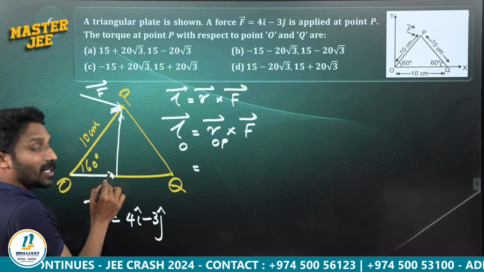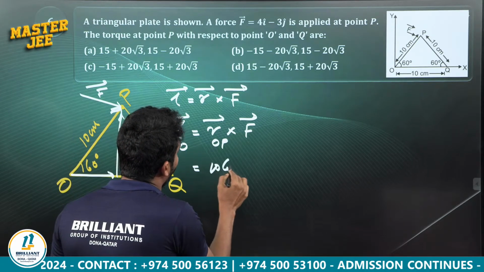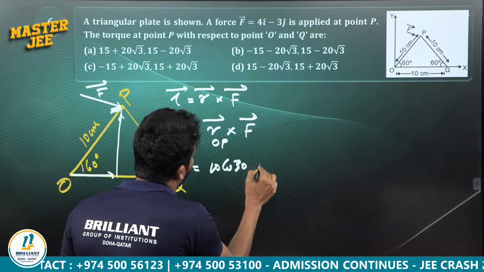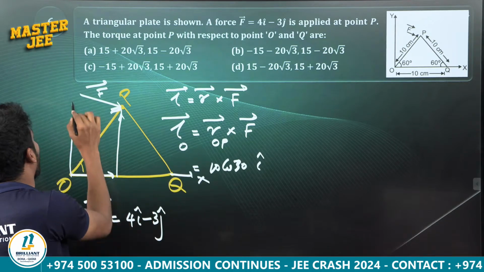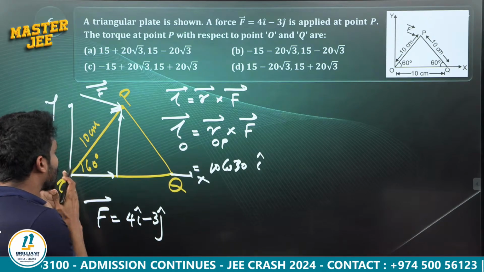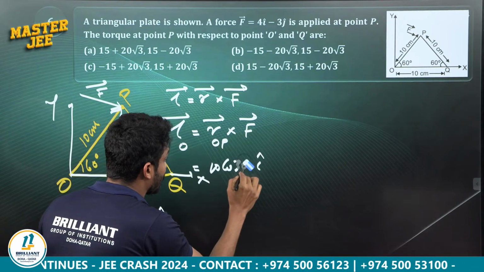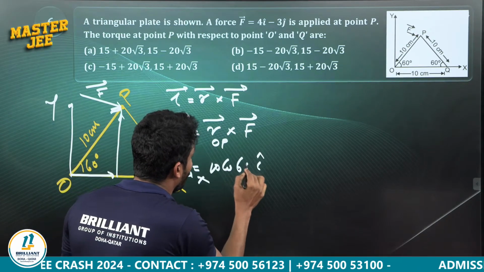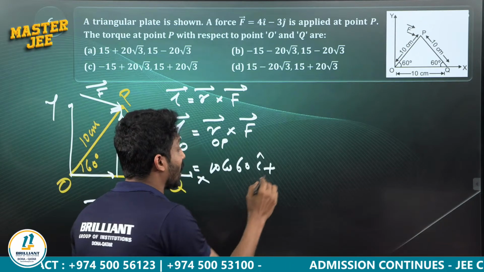Isn't it? This vector is 10 cos 30 into i cap, let it be the x-axis and this the y-axis. This vector is 10 cos 60, sorry, cos 60. 10 cos 60 i cap plus, what about this vector, is 10 sin 60 j cap.